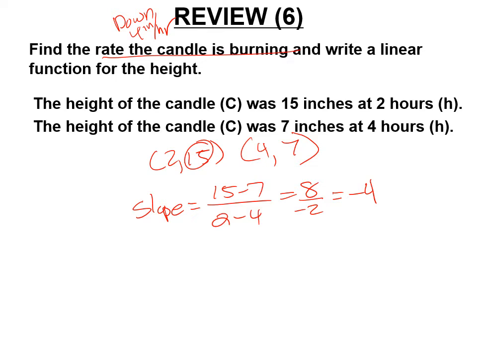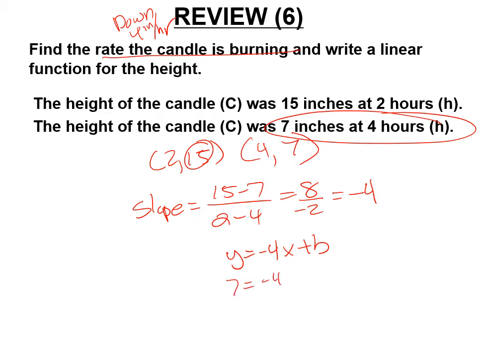Okay, do we have a y-intercept? No. So we got to put the negative 4 into y equals mx plus b. Why don't we do the 7 and the 4? Now, 7 equals, right? The y is 7 when the x is 4. So we get 7 equals negative 16 plus b. We're going to add 16 to both sides. So 23 equals b.